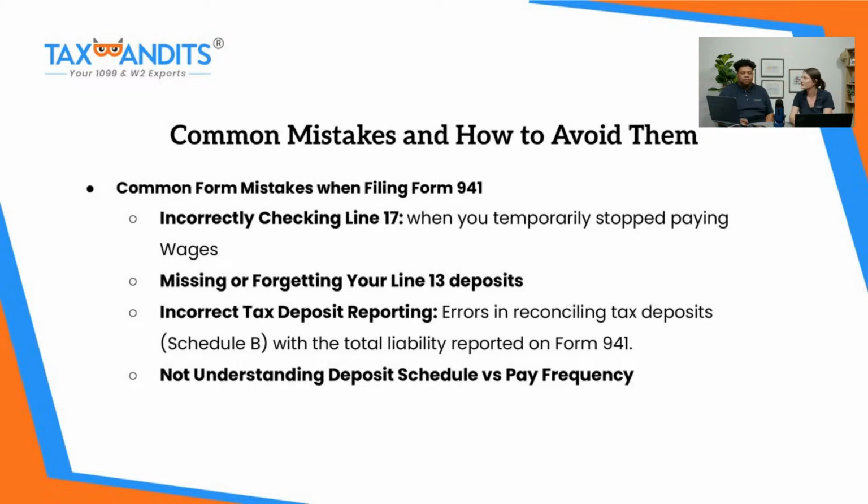That has been a big one that a lot of people have been caught up and stuck on. Especially when employers are filing zero reporting forms, they'll call into our support: do I need to select this option on line 17? None of these options really apply to me. But only if the business is permanently closed, like you said, or it's been sold or transferred, then that's when you'll need to check line 17.